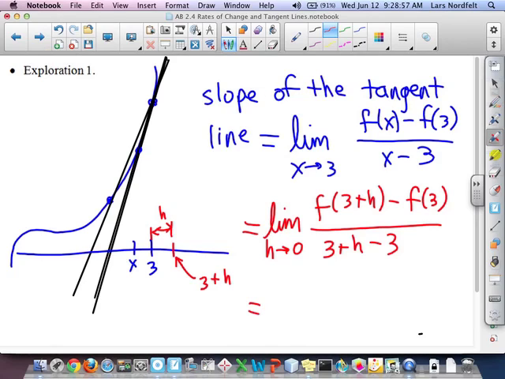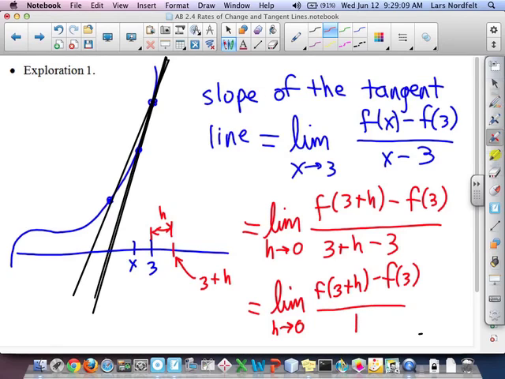So it's this limit as h goes to 0 of f of 3 plus h minus f of 3 all over h.